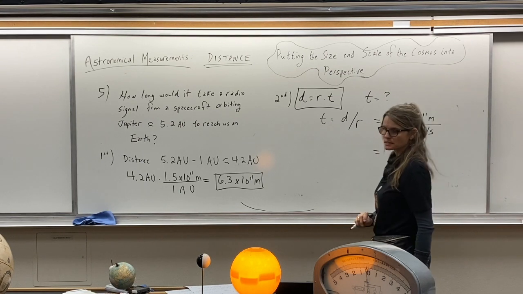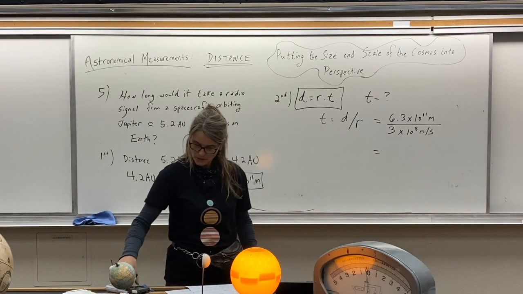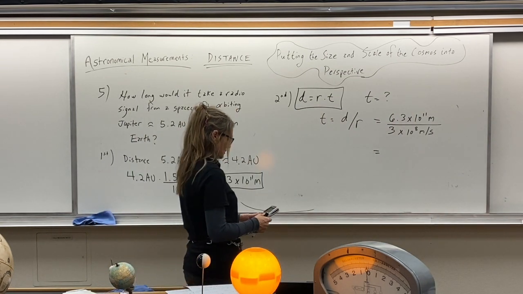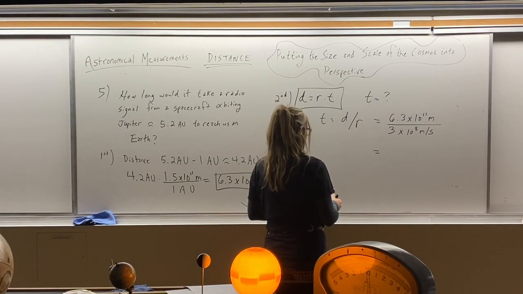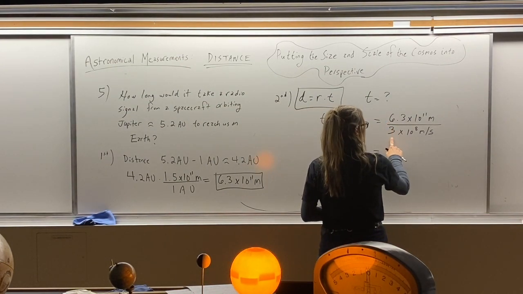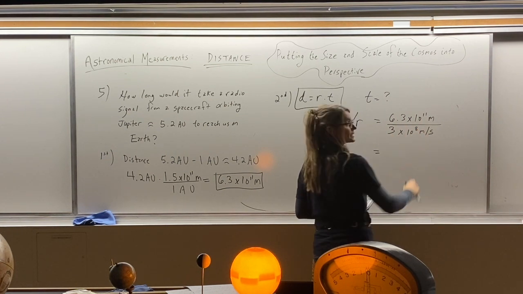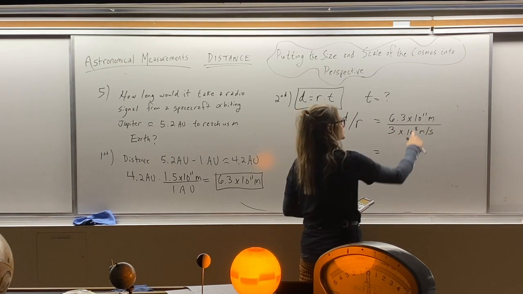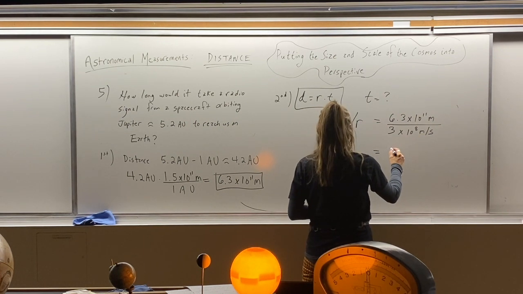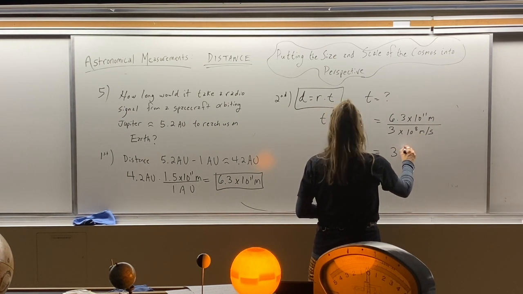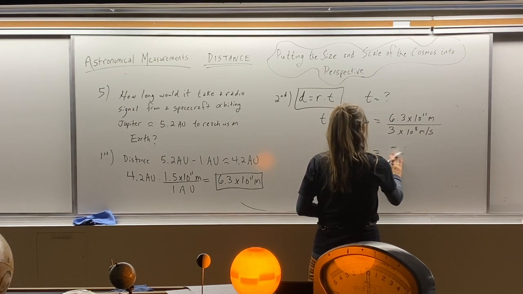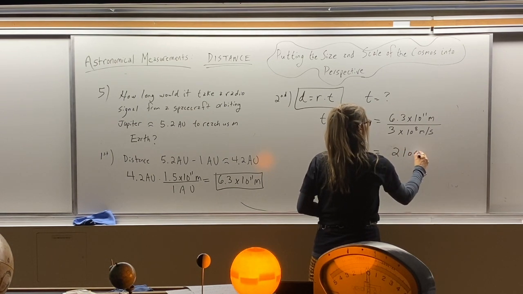And when we do this measurement, 6.3 divided by 3, then times 10 to the 11 divided by times 10 to the 8, we subtract 3 from our exponents, and we get the value of 2100 seconds.